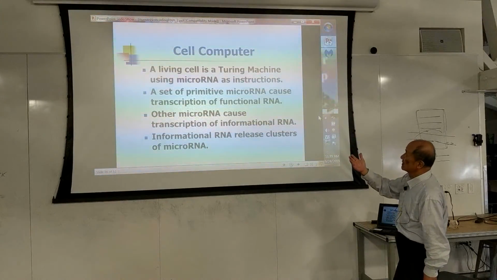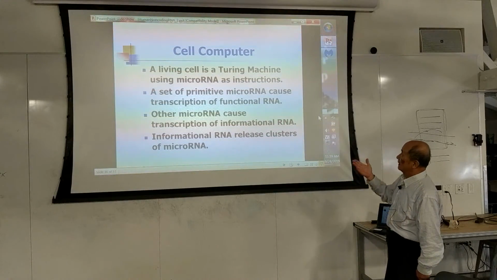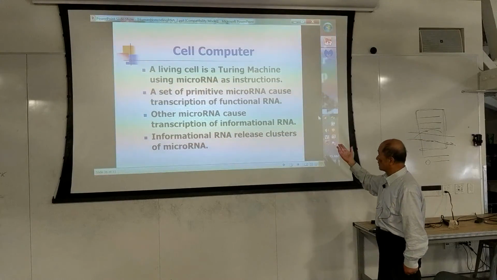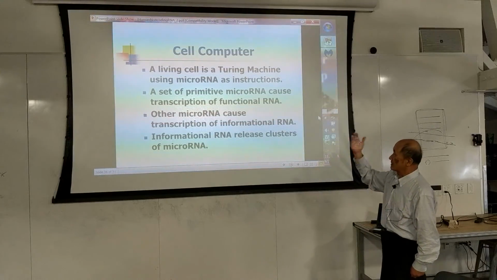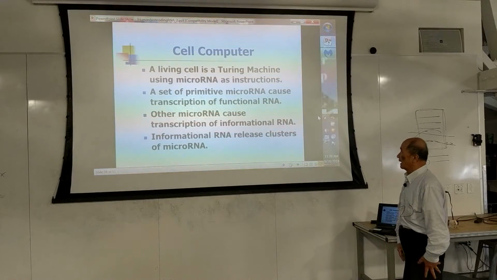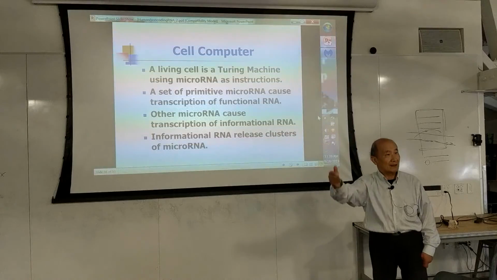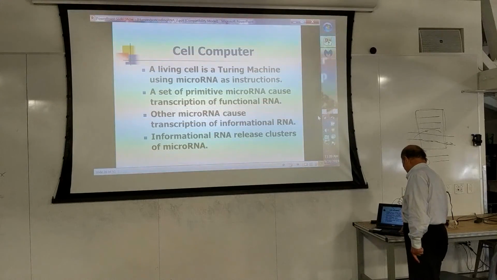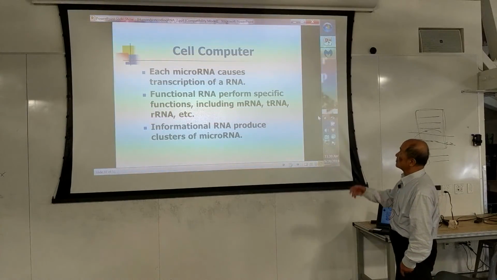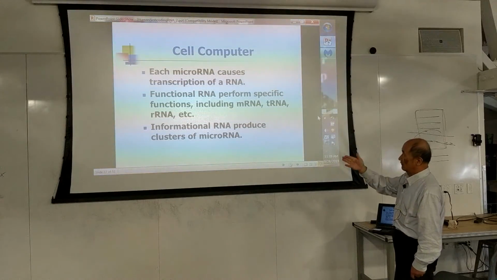It has a big primitive microRNA which causes transcription of functional RNA, and all the other microRNA would transcribe informational RNA, and informational RNA will release clusters of microRNA, and then this goes on. So in the cell computer, each microRNA causes transcription of RNA, functional RNA performs functions, and informational RNA produces a list of microRNA.